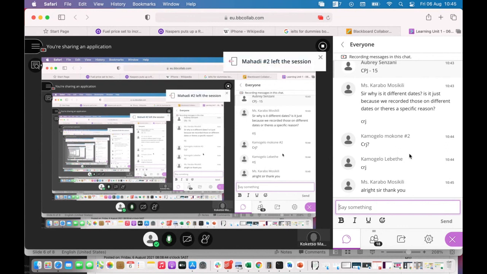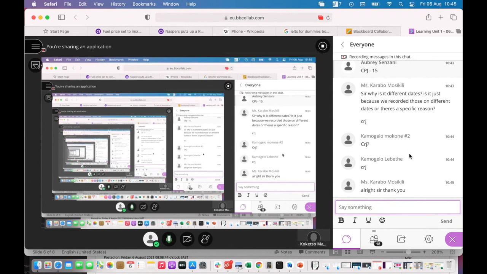I need you to cross that out, and you can also put CRJ and then a dash 15 Rand. Right, awesome. Then we go to the next transaction.